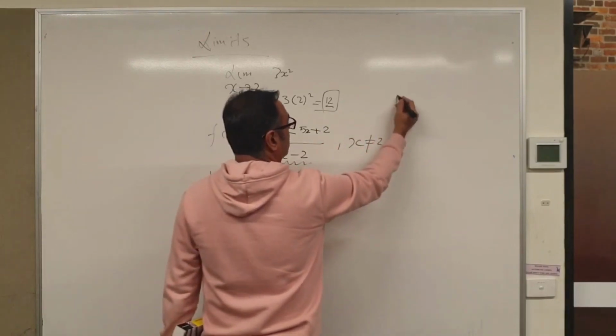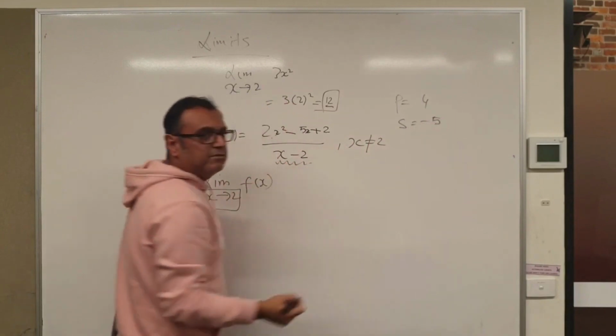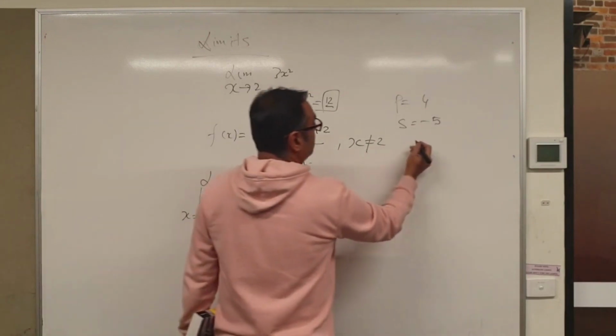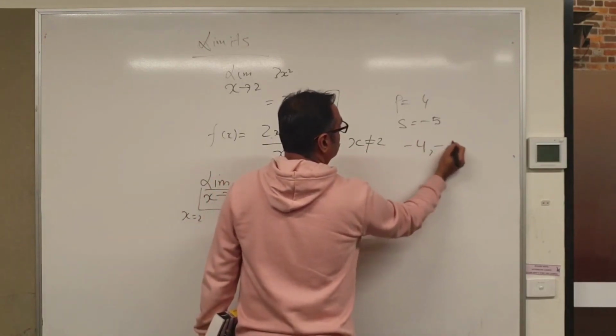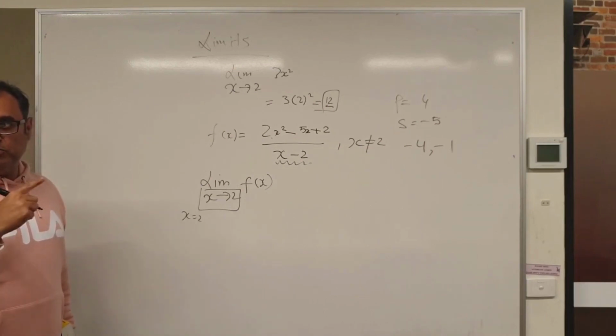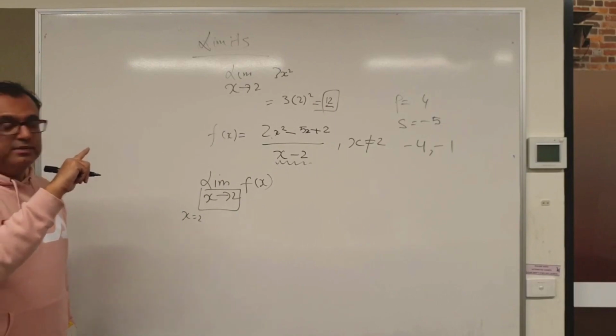I need the product to be 4 and the sum to be minus 5. I'm just solving the basic quadratic here. So what could that be? Negative 4, negative 1. That's the pair. You're fine with it, right?